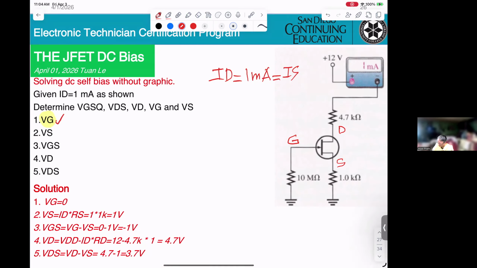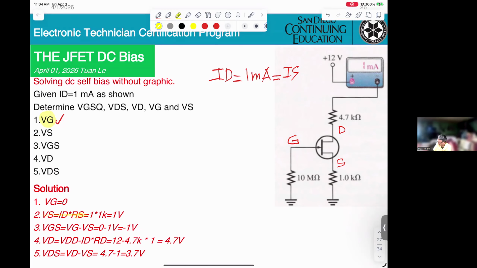Now they want to calculate VS. VS means voltage at the source.